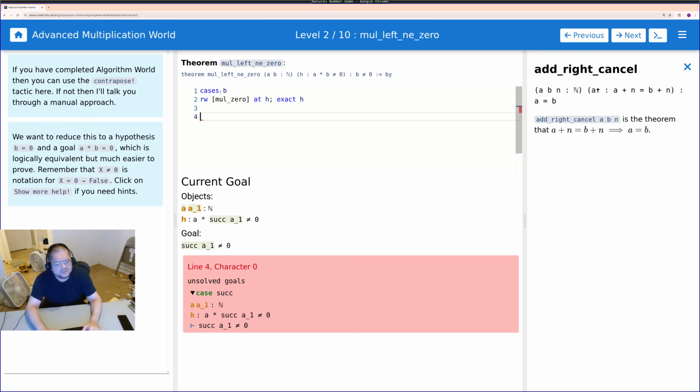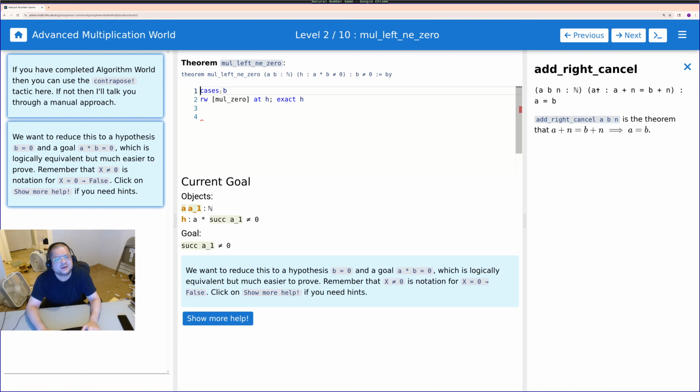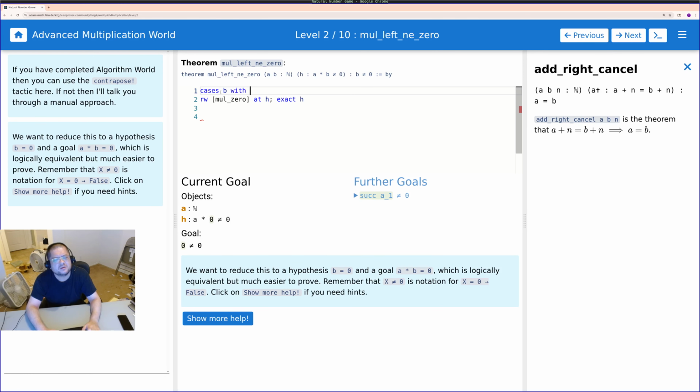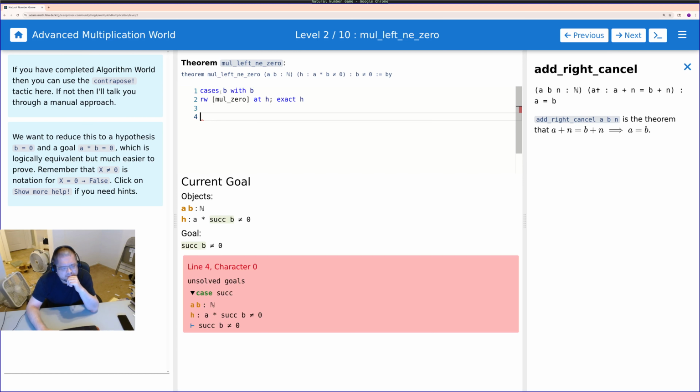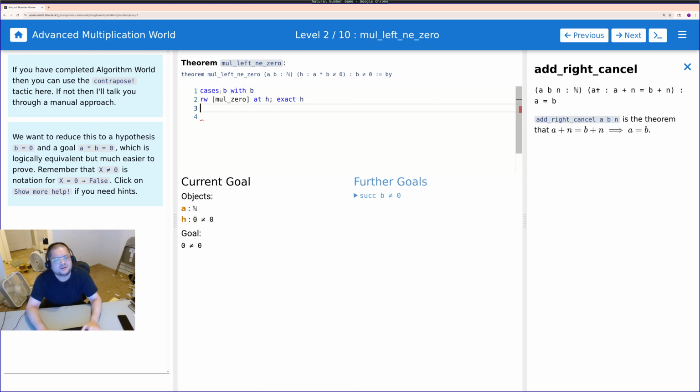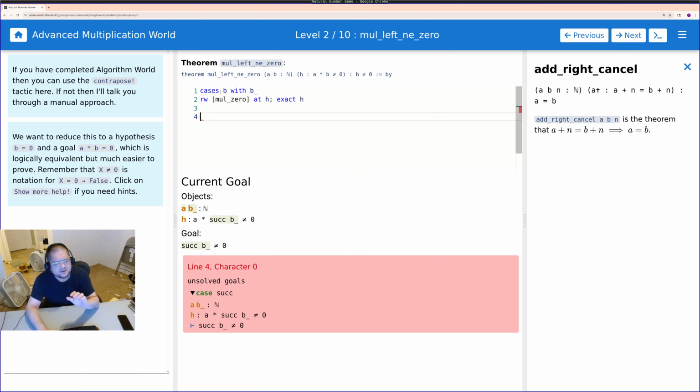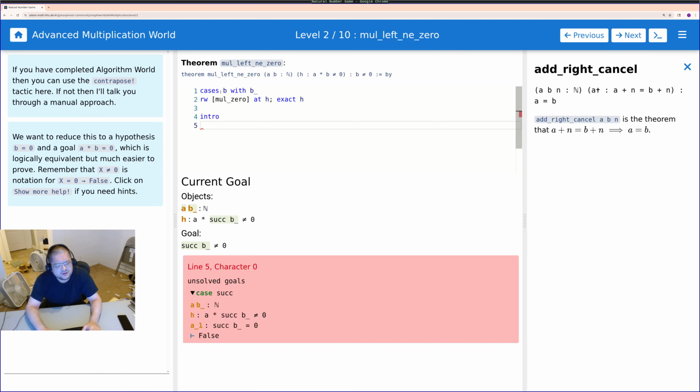Wait. Now the case is B is not 0. So B is successor, okay, I shouldn't name this B. So B is successor of B underscore. And what do we do here? I think we do this.